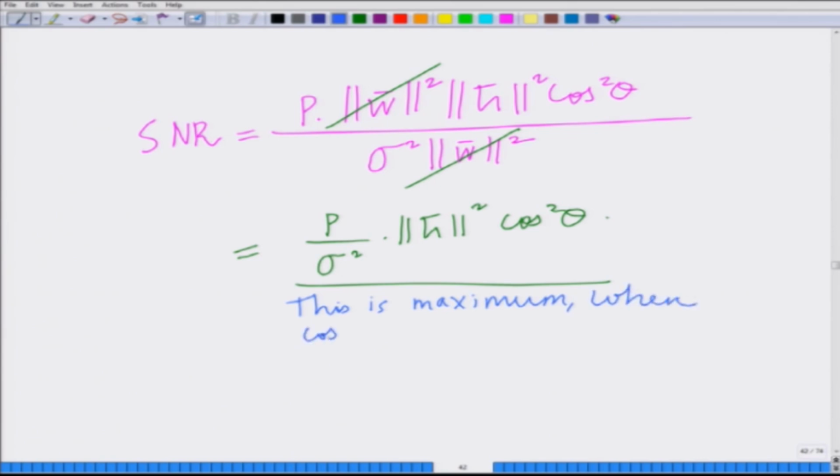when cosine square theta is maximum, but we know that the maximum value of cosine theta or cosine square theta is 1, and that occurs when theta is equal to 0.